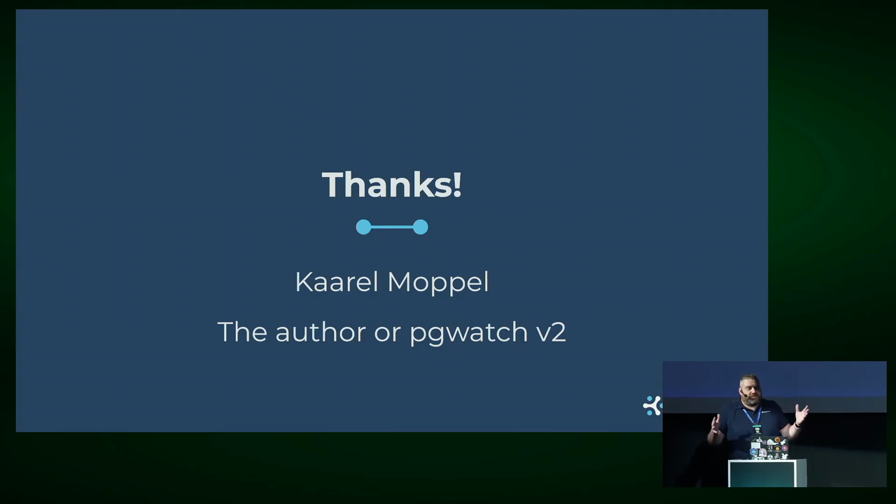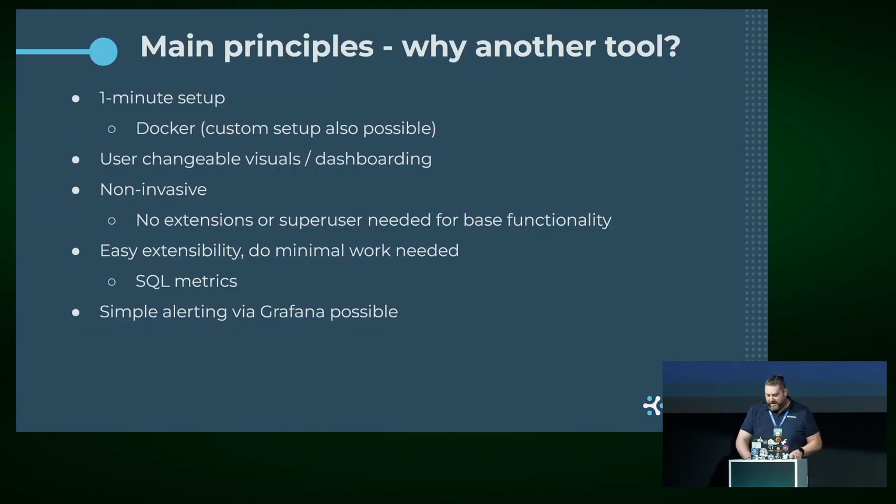Probably that was a Python script written in the basement by some wizard. Nobody saw this. We only know that there is a pgWatch version 2, and that's how we count our history.